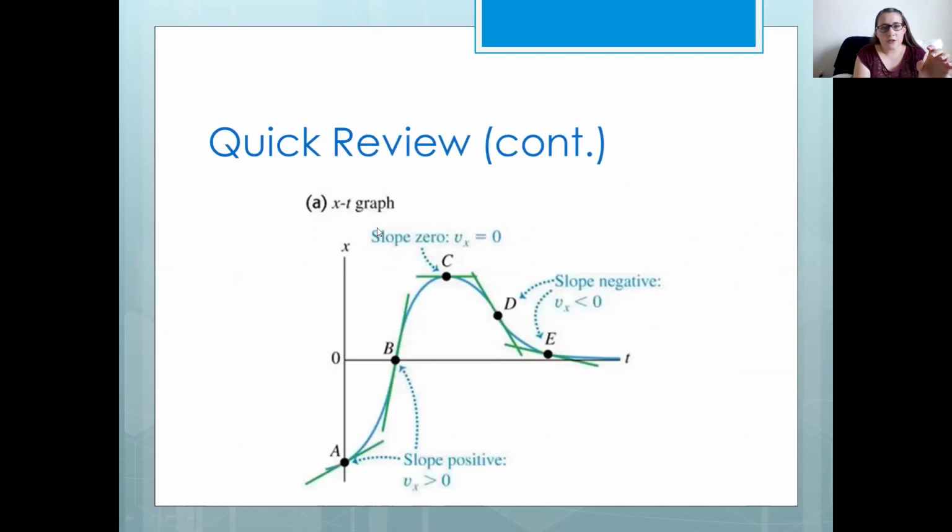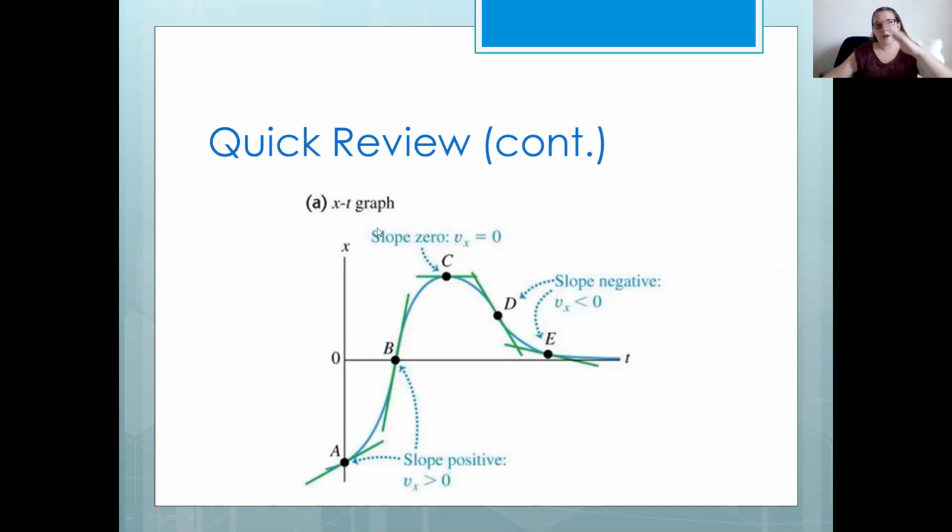And then this last picture that I have to show you here is a graph that has several different sections. The example that we did together was more angular and linear and nice to calculate. But this would be clearly a smooth curve where we would be taking the slopes of the tangent lines. So at points A and B, the slope of that tangent line is positive.